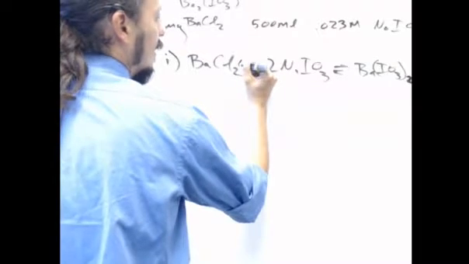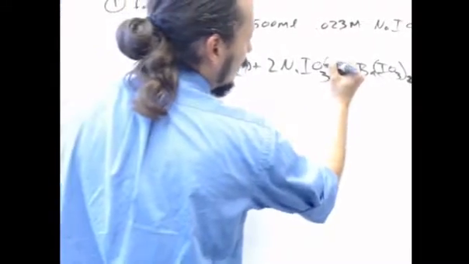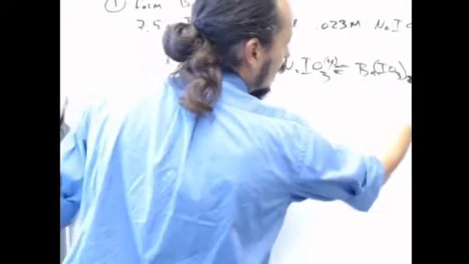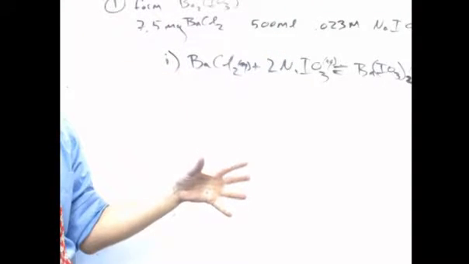Here's one of the things I'm going to do that's a little bit weird. I give you a solid amount, but I'm calling it aqueous here. One of the weird things that we keep doing is we're picking where we take this snapshot of this reaction. We're freezing time. Essentially, what I'm doing by freezing time here is I'm saying, look, the barium chloride goes into the 500 milliliters and it's going to dissolve.